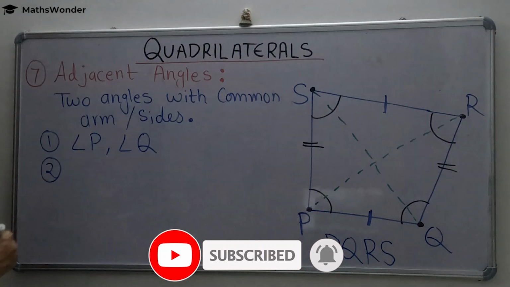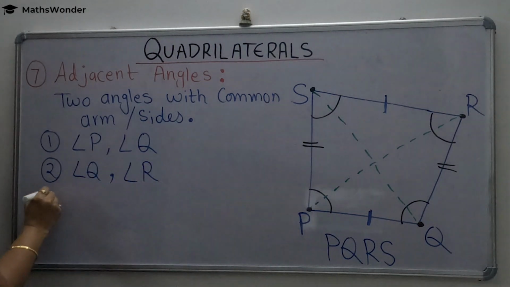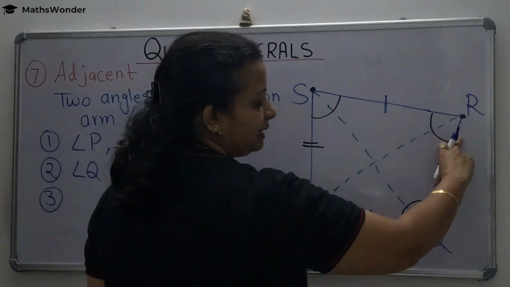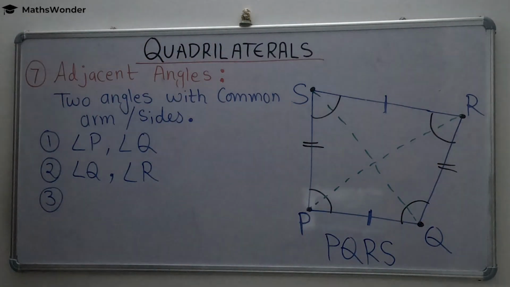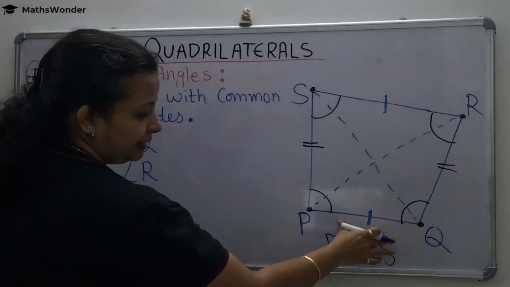The second pair, tell me the second. Q and R, can I write it? Yes, because for angle Q and angle R, what is the common side? QR, right? Two angles with common side. So QR is the common side. Now, can you tell me the third pair? So you got QR, and then RS.